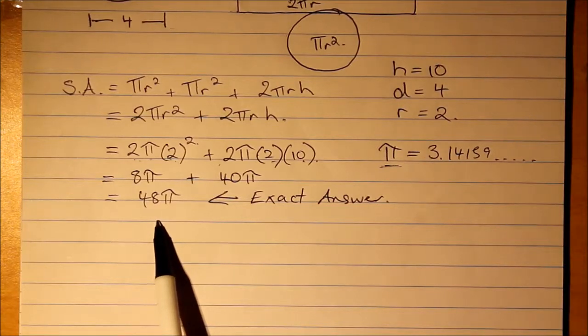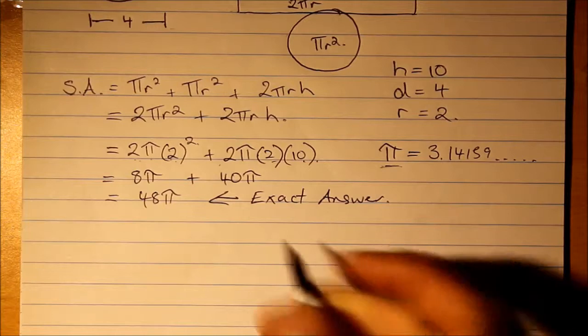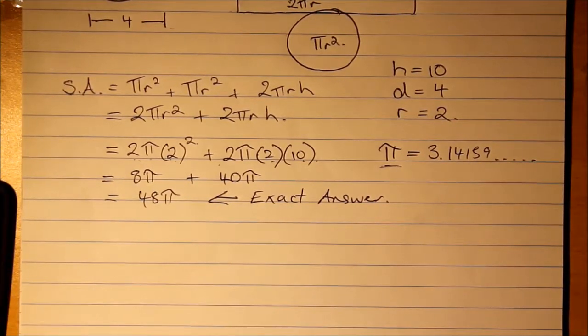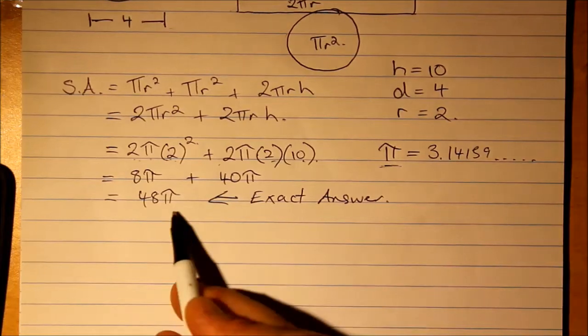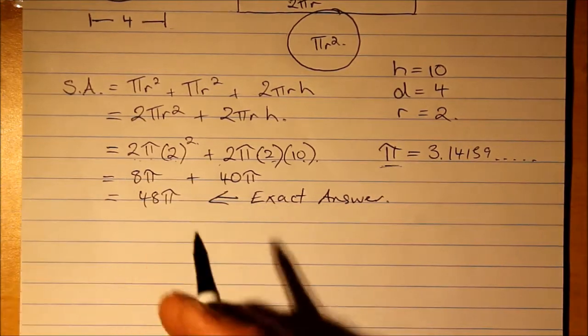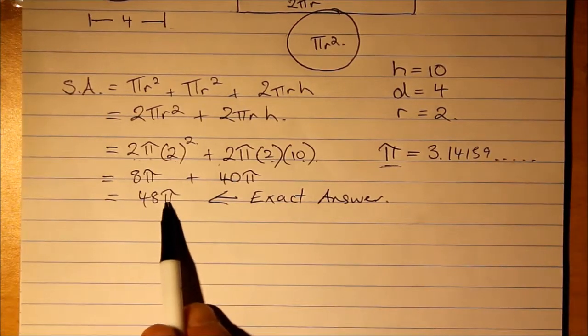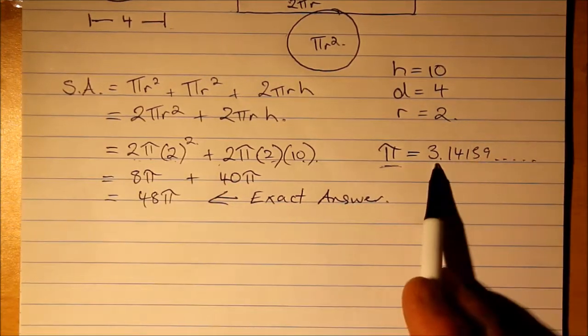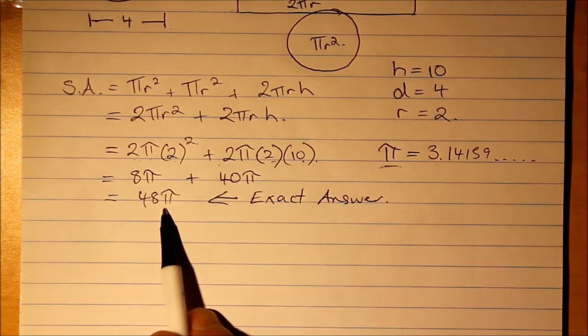Now in this case, let's just assume they want it to 1 decimal place. So this is where you go ahead and put it in your calculator, but you'd always approximate before you plug in something to your calculator. Like, what is pi very close to? 3. What's 48 very close to? 50. 3 times 50.